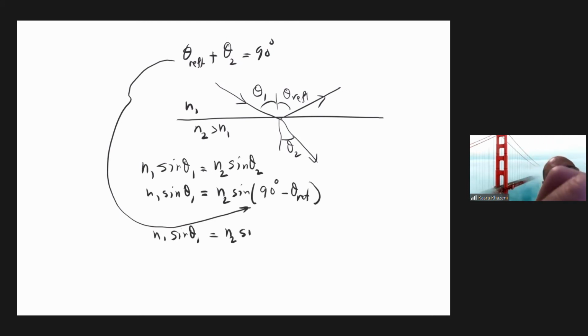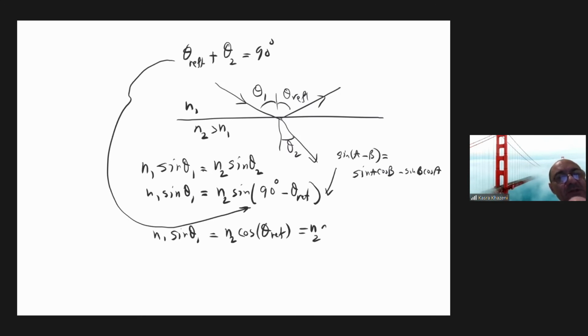I don't know how much you remember this, but sine of A minus B is equal to sine of A cosine of B minus sine of B cosine of A. So this will then get us to cosine of theta reflection, but cosine of theta reflection is just cosine of theta 1.